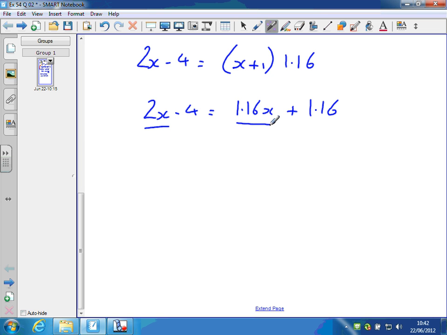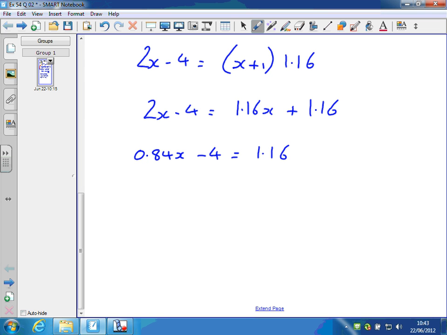I will take the 1.16x away from both sides to leave just x's on the left-hand side, and then I would add 4 to both sides to get the numbers on the right-hand side. So, subtracting 1.16x from both sides, I get 0.84x minus 4 equals 1.16.